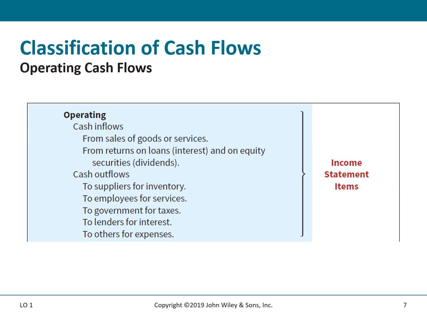So from sales of goods or services, that's your operating revenue. It makes good sense that that's in the operating section. But from returns on loans, they're talking about interest revenue, and on equity securities, they're talking about dividend revenue.